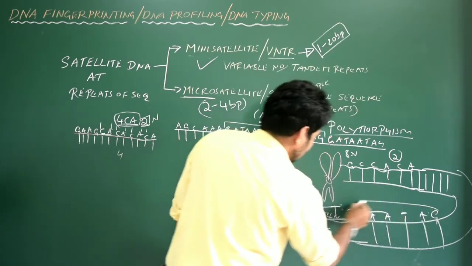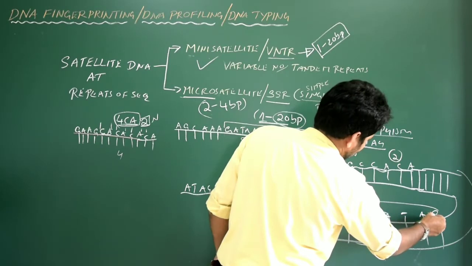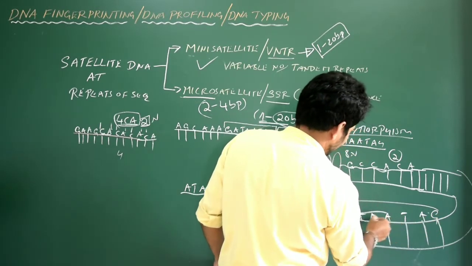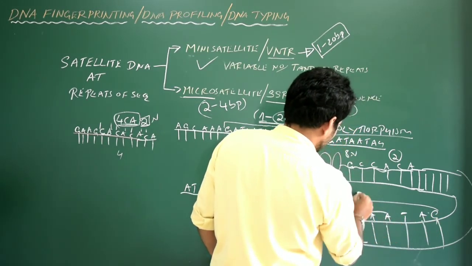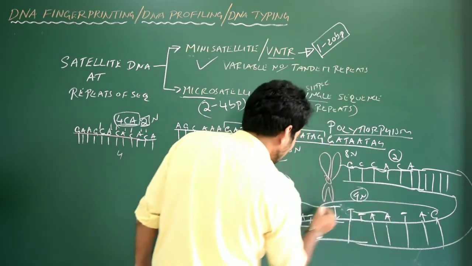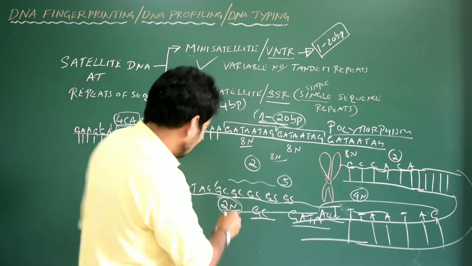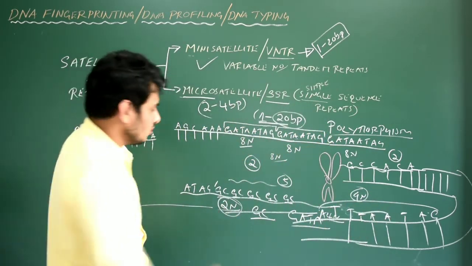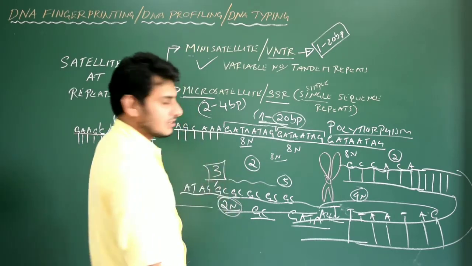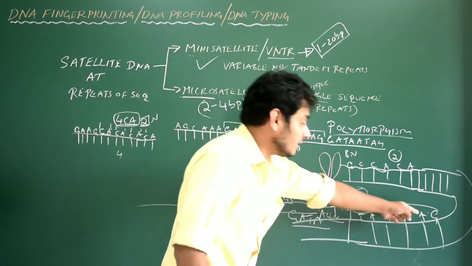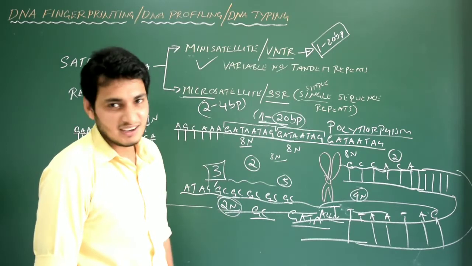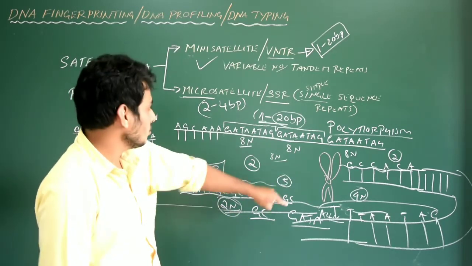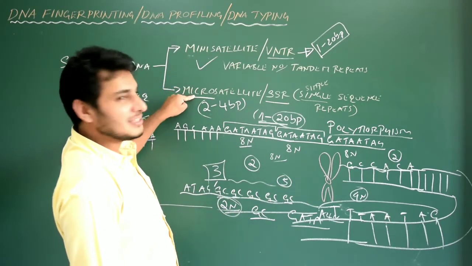For example, let me consider how many nitrogenous bases are there. GAT 3, 4, 5, 6, 7, 8, 9. So 9 nucleotides. Again the same is repeated from here onwards. Let us say 3 repeats are there, but each repeat contains 9 nucleotides. Are you getting my point? 9 nucleotides.